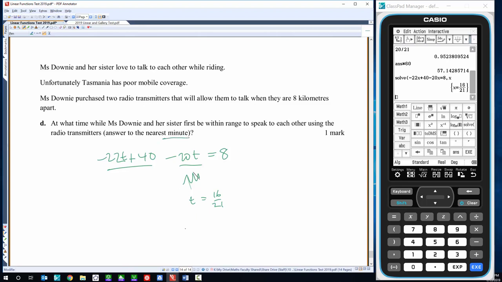Now, because it's answer to the nearest minute, we're going to say then that 16 over 21 times 60, which to the nearest minute is 45 minutes, and this bit here, so we're going to say 45.714... Therefore 46 mins.